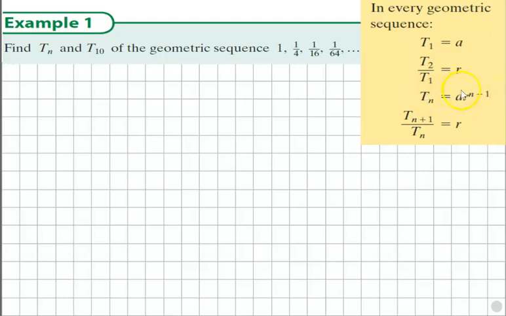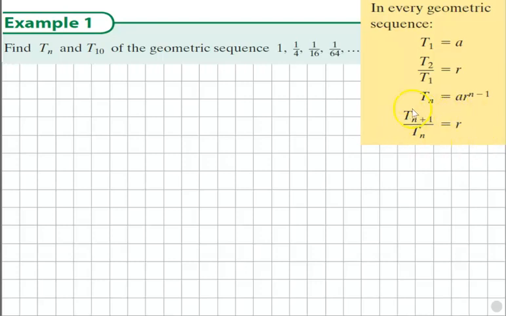So Tn is equal to a r to the power of n minus 1. T1 stands for term 1. That's equal to a. Or the common ratio r can be found by dividing term 2 by term 1, or by dividing any term, like let's say term 6, by the previous term. So that would be term 6 by term 5, and so on.